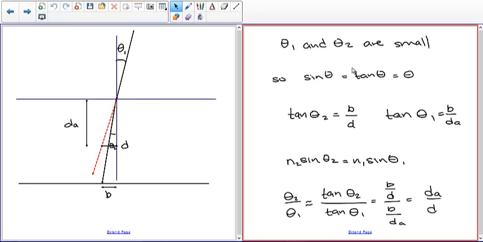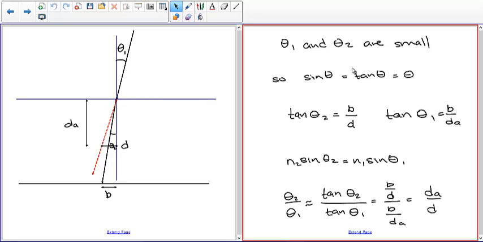So if we look at these two triangles, this side of the triangle is the depth, and this side is this B distance horizontally. So the tangent of this angle theta 2 is going to be B over D. Whereas for where we're perceiving the object to be, we use this triangle.